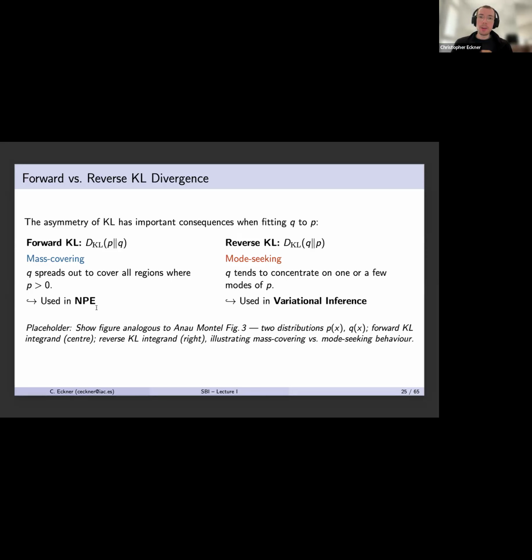Here you look at a Q that tends to concentrate on one or a few modes of P. P might even be multimodal, and Q concentrates on some of the modes, approximating it. You can use this in something called variational inference that we also talk about later.